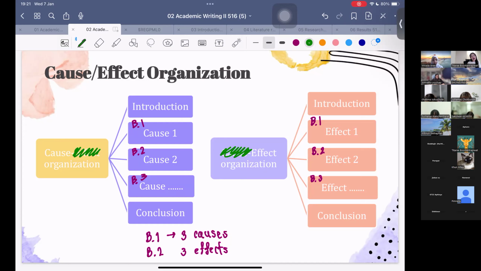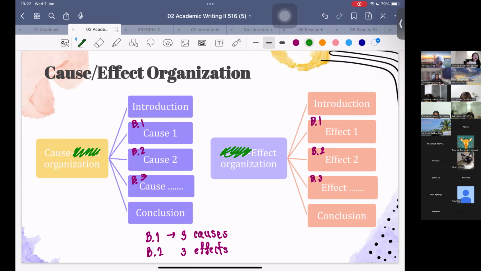In your introduction or literature review, you might talk about a cause of something, and instead of having one cause per paragraph, which would be too long, you can combine 3, 4, or 5 causes together in one single paragraph.